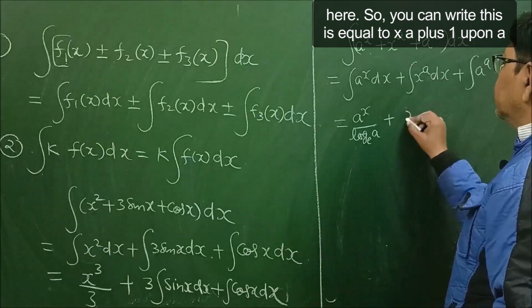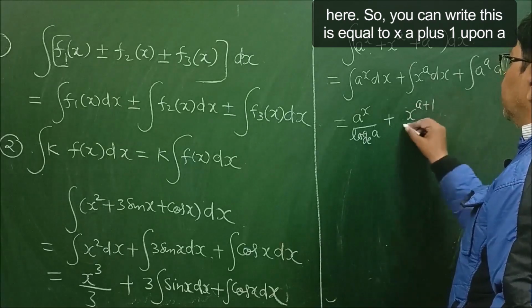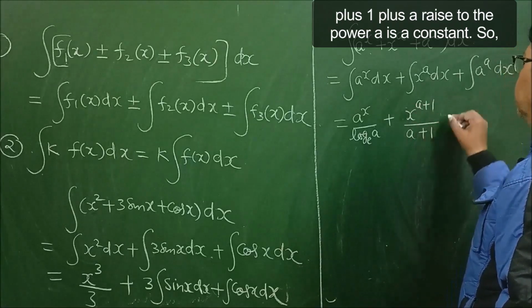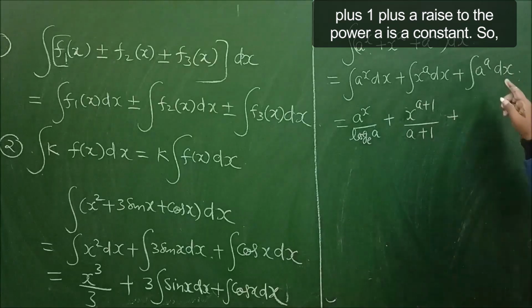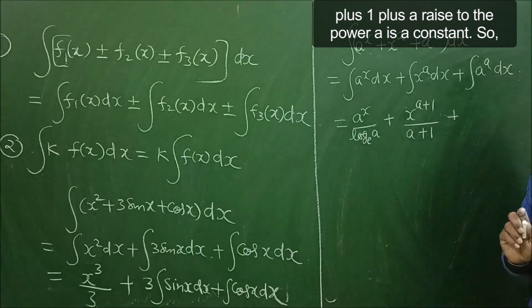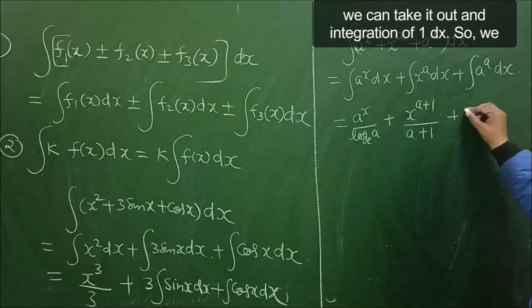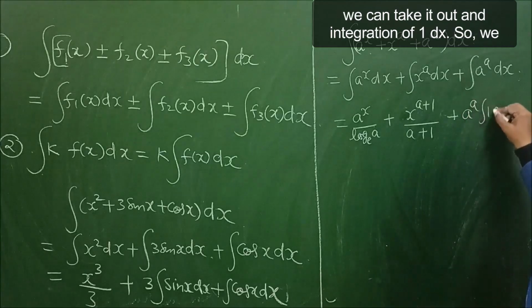So you can write this is equal to x to the power a plus 1 upon a plus 1 plus a raised to the power a is a constant, so we can take it out, and integration of 1 dx.